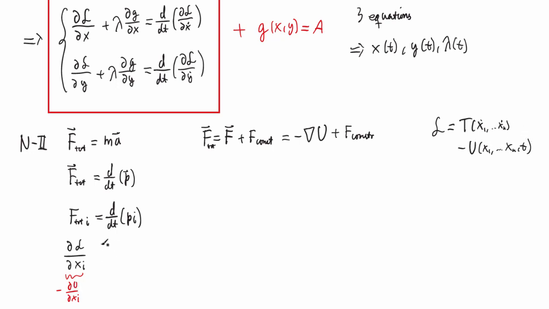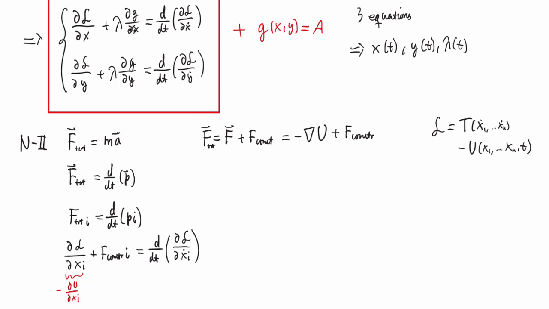So this is minus dU/dx_i, and then we have to keep the constraint force. And that's now equal to d/dt of the partial of the Lagrangian with respect to x_i dot.